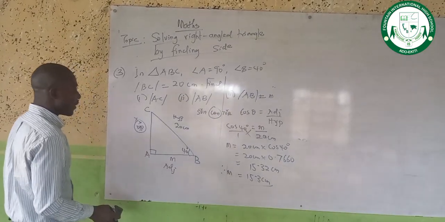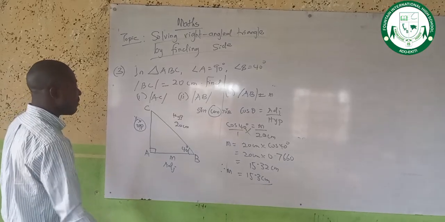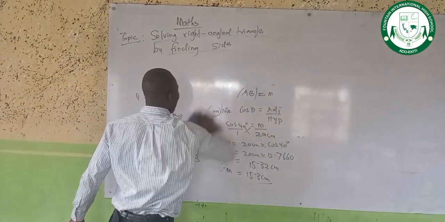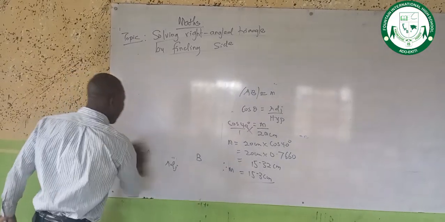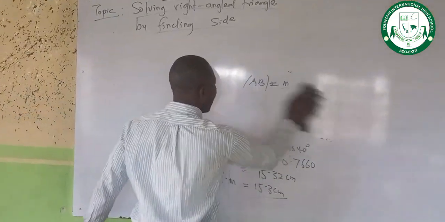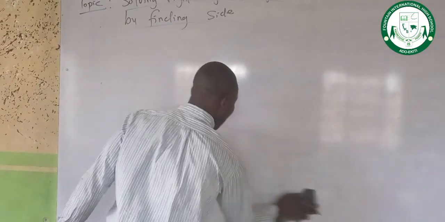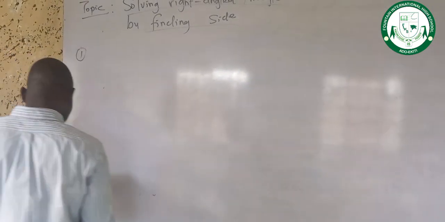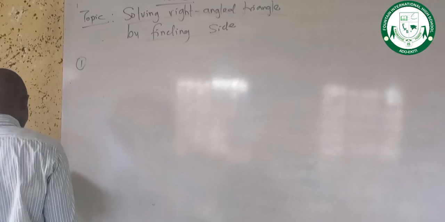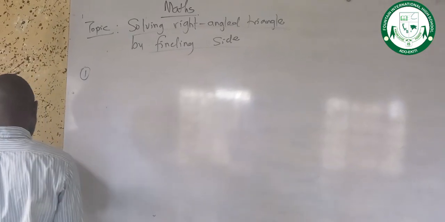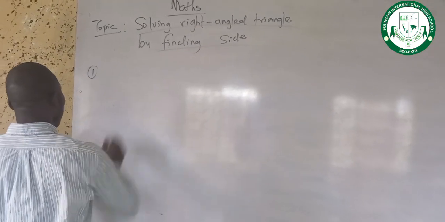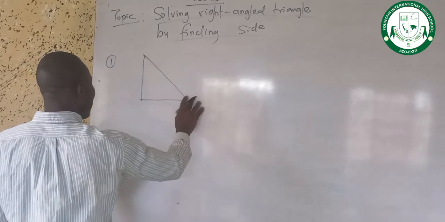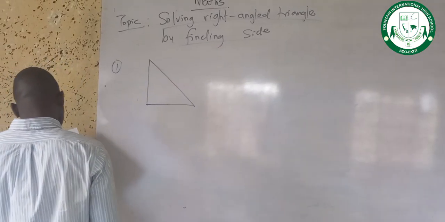But before we close for the day, let me give us the assignment on this topic. I'll give us only 2 questions. Number 1 says we should look for the value. When we have something of this nature, the place that is being marked, we should get the value there.